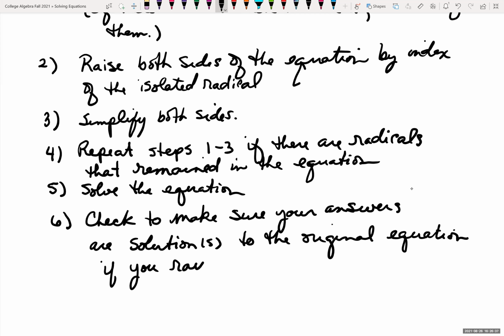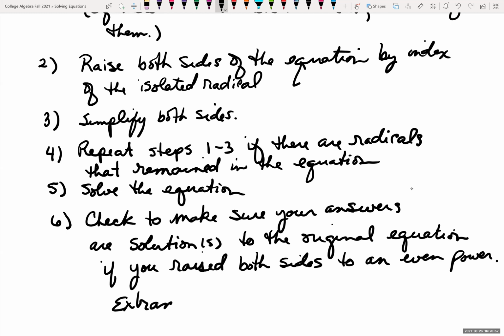It doesn't hurt if you do it anyway if it was an odd power, but with an even power, we might get solutions that don't work. So with both sides raised to an even power, extraneous solutions could occur.